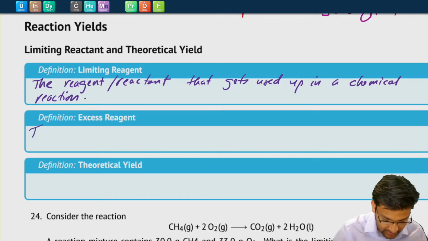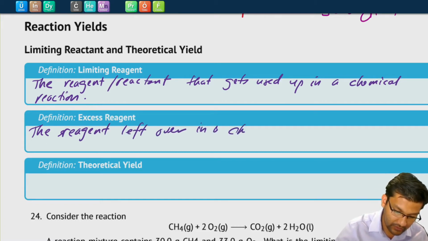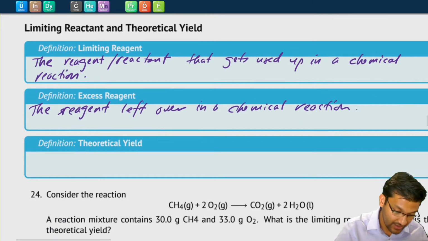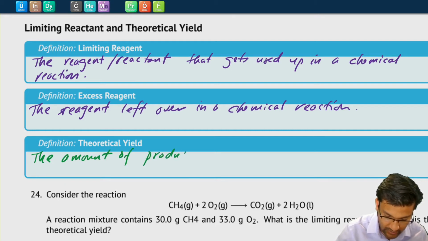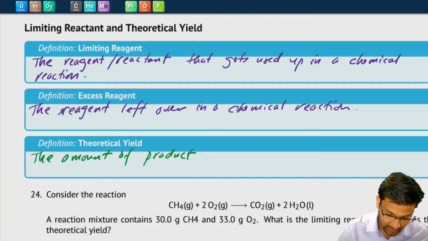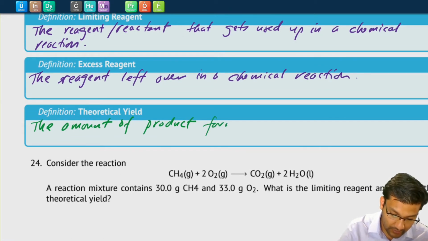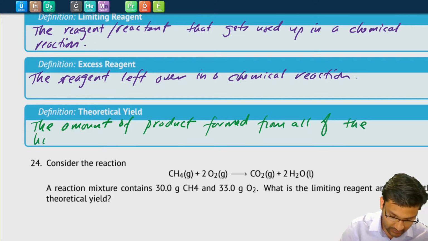Your excess reagent is the reagent left over in a chemical reaction, or that doesn't get used up. And the theoretical yield is the amount of product, and usually it's referring to the most useful product if you have more than one type of product. So it's the amount of product formed from all of the limiting reagent.